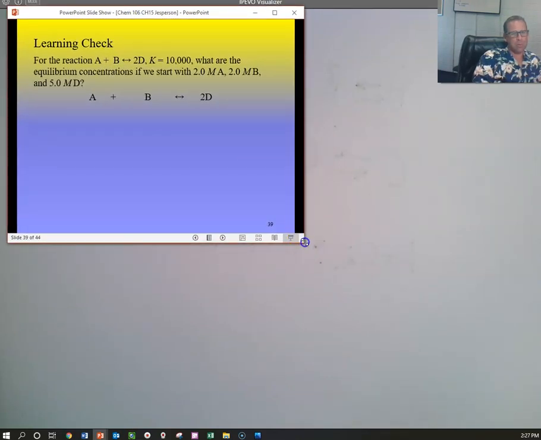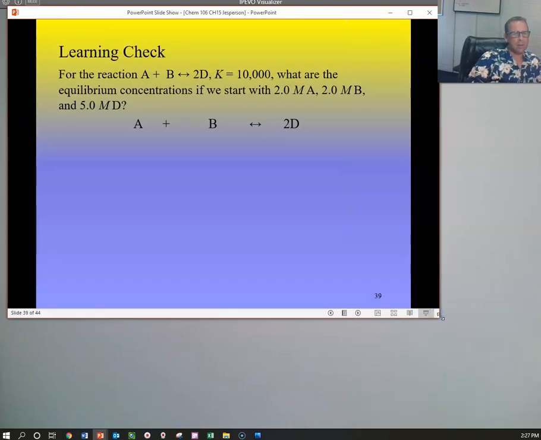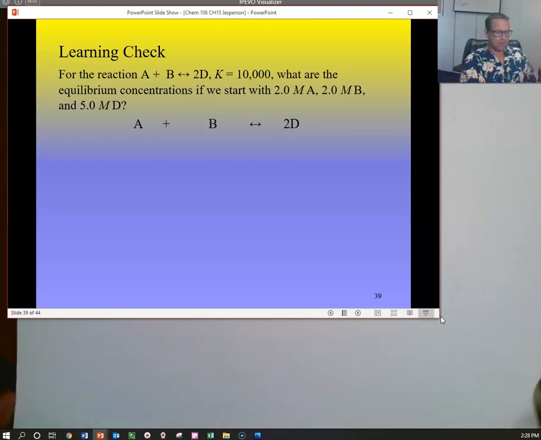Again, this is a review. We just did this last class. Here's a chemical reaction. K equals 10,000. What are the equilibrium concentrations if we're provided starting concentrations? So again, this is something new.